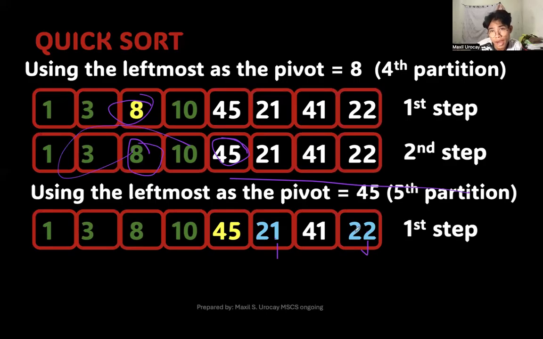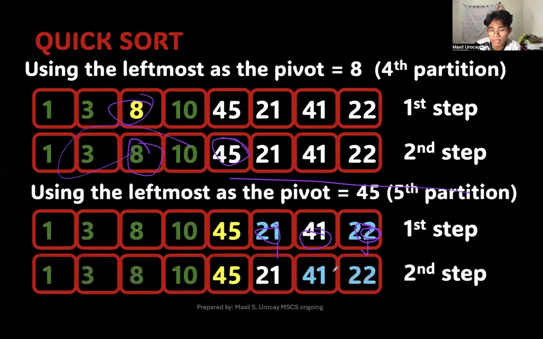So our goal there, we have to swap 22 to the left side, since that is less than, and this is less than, it's already in place, and this is not in place already. 41 is less than 45. That's our second step. Our I must be incremented.